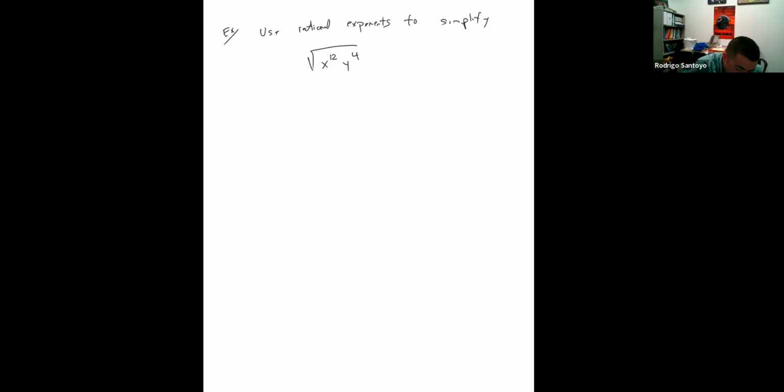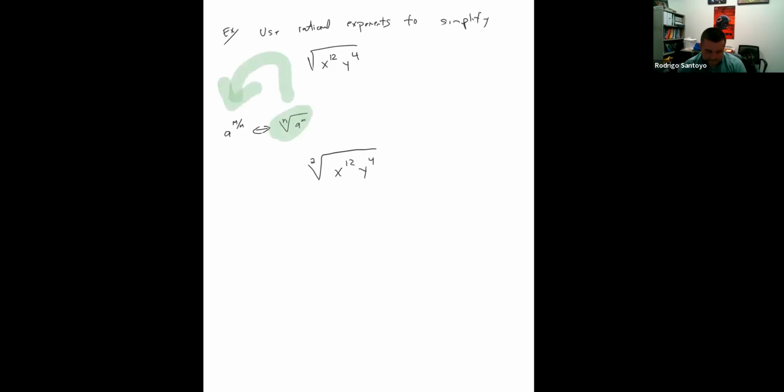That means that we're going from the property that we discussed earlier, using this property. The issue here is we don't see an index. That means the index is what? What's that number? 2. Very good. So now, once again, we want to go from it looking like this to looking like that.